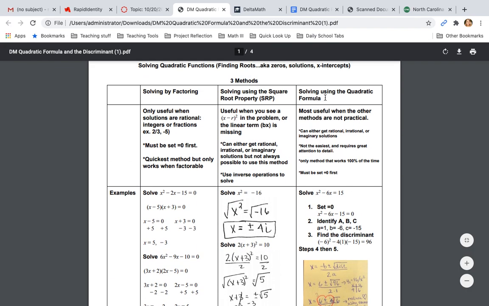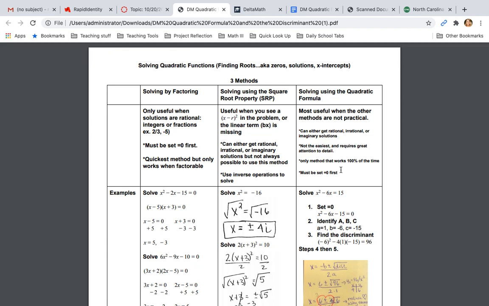And then lastly, the quadratic formula. If we take a look at this, it is the only method that works 100% of the time, but it is not always the easiest, because you've got to be great at simplifying math, okay? So understand that if we get rational solutions, we can solve by factoring.